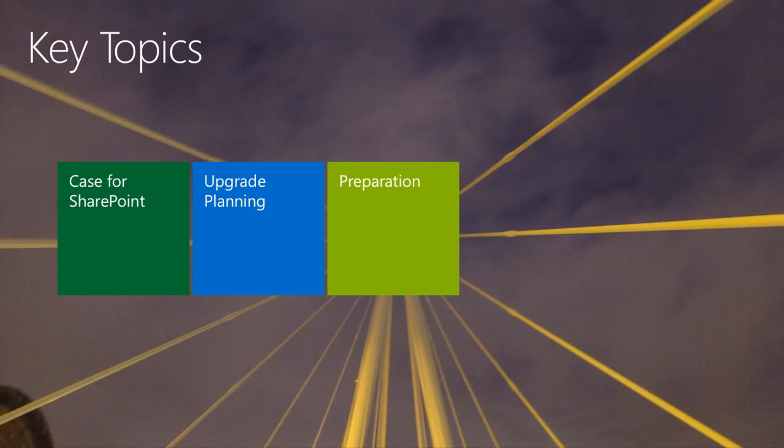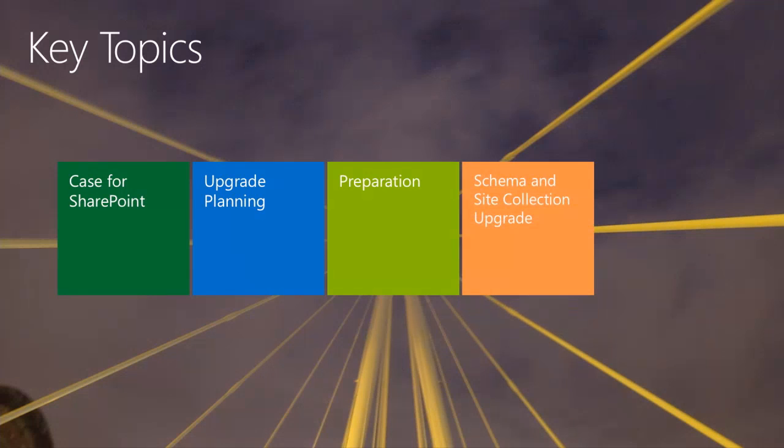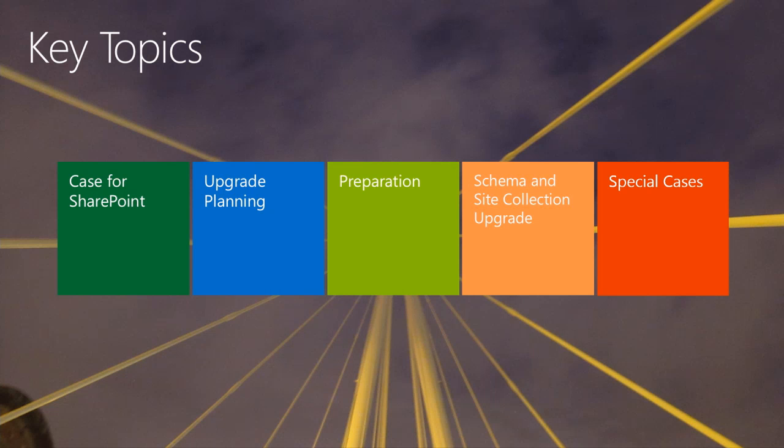How do you prepare your source content, probably in SharePoint 2010, to be upgraded? We'll execute the classic database attach and the site collection upgrade, and finally walk through some special cases. If you have sophisticated use of content type hubs and managed metadata, I'll give you the roadmap for how we upgrade those, as well as talking about upgrading from older versions of SharePoint, 2007 and forward.